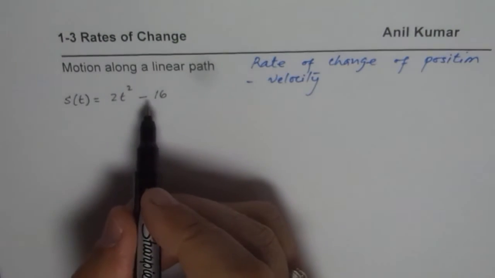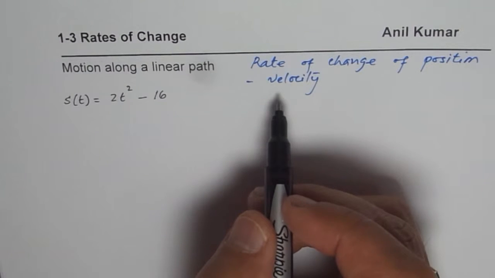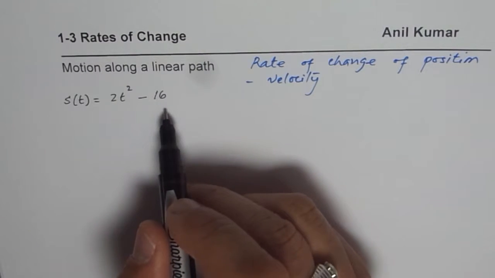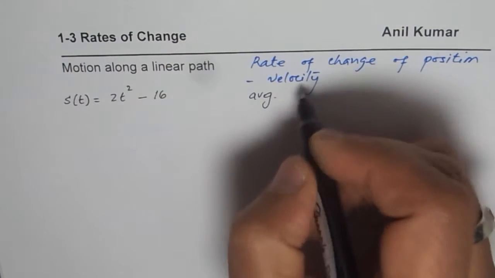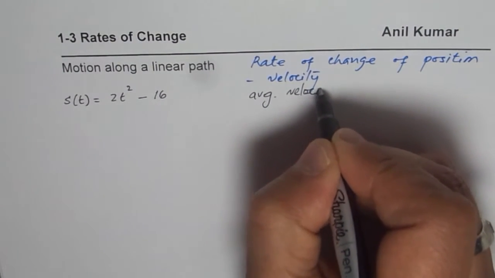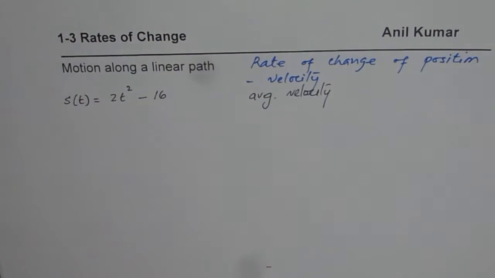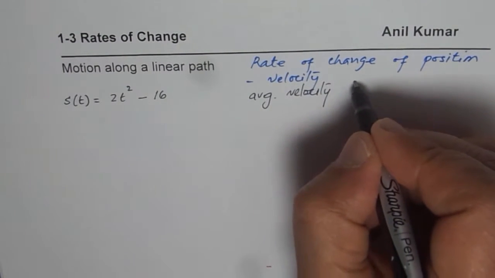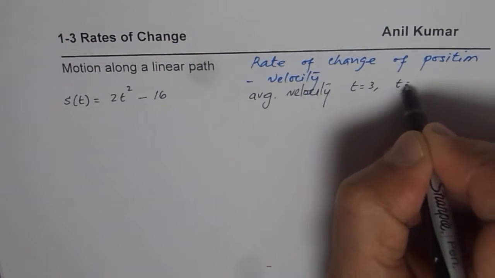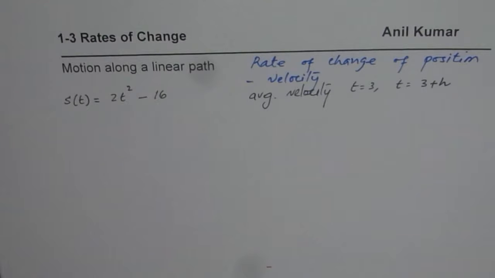What we'll try to find here is the average velocity of this object, which is moving at any instance of time. Average velocity means average rate of change of position. Let's calculate a general formula when t equals 3 and when t equals 3 plus h.